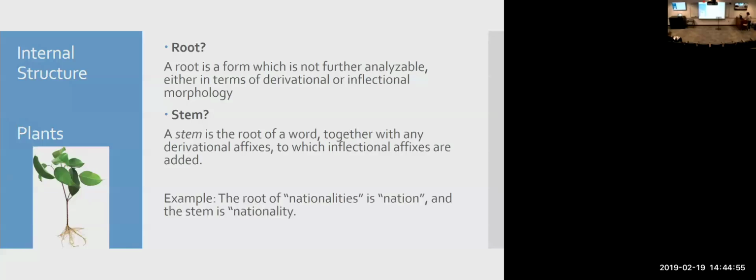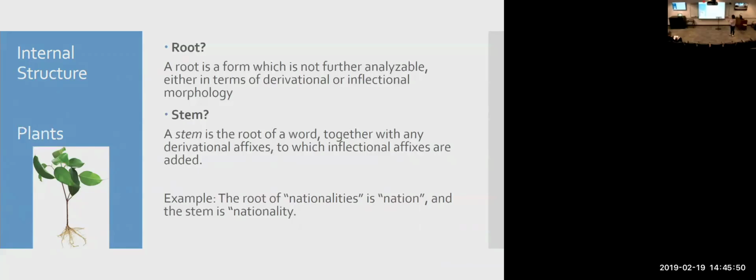I'll show you some examples. First example, nationalities. What is the root? Nation, right? Can nation be further analyzed? Nation has a fixed meaning there. Then how about the stem? The stem is nationality, which consists of nation, the root, and the suffix -ality.